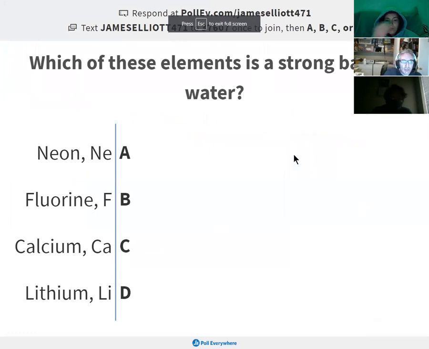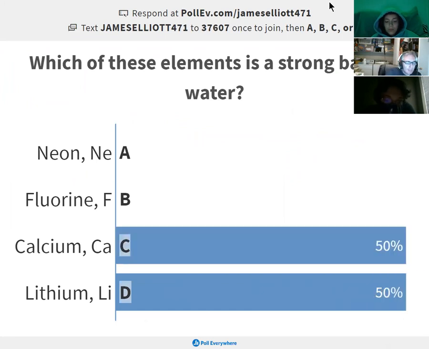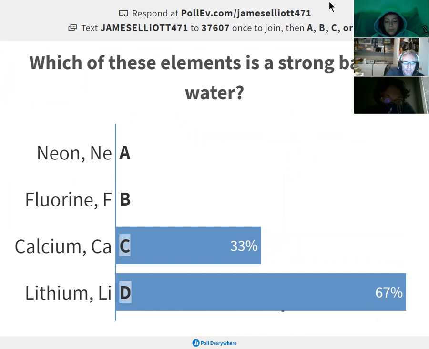Now for this one, which of these elements is a strong base in water? Would it be neon, fluorine, calcium, or lithium? Again, do not worry about whether you're right or wrong.